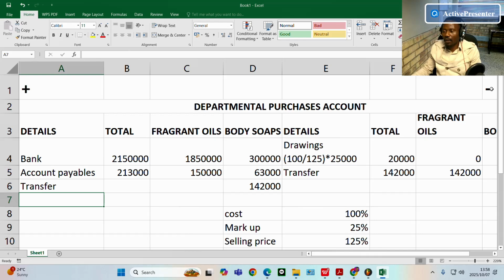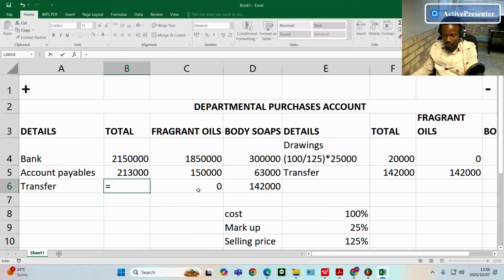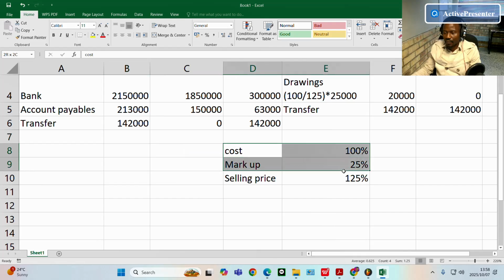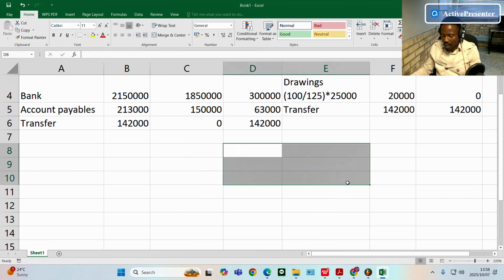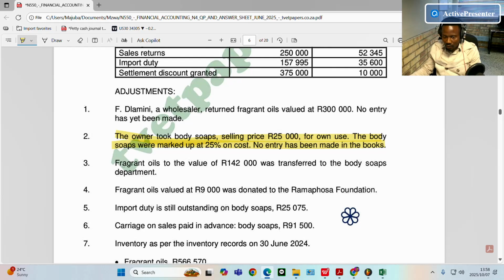Remember, it was going out here, which is why we used the credit side, and it's coming in to body soaps, which is why we are using the debit side, meaning the total. So that's how it goes. I think we've also dealt with this body soaps.